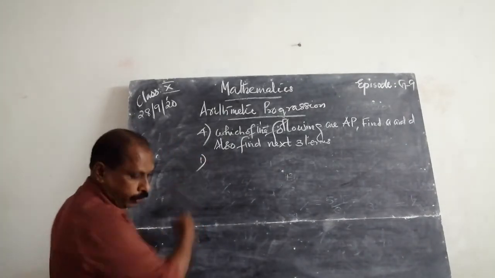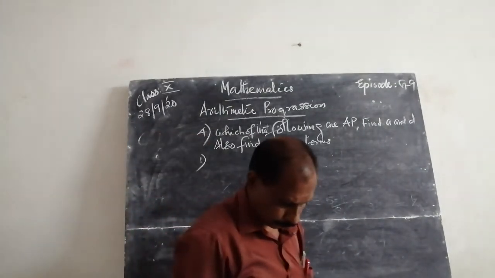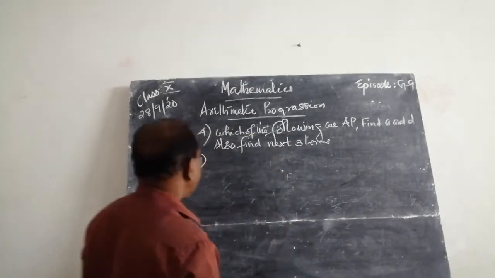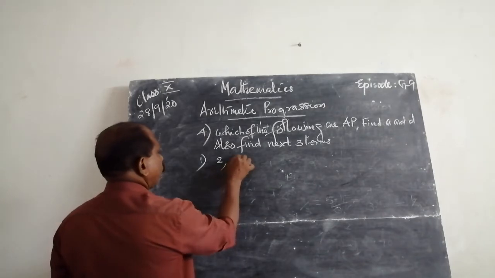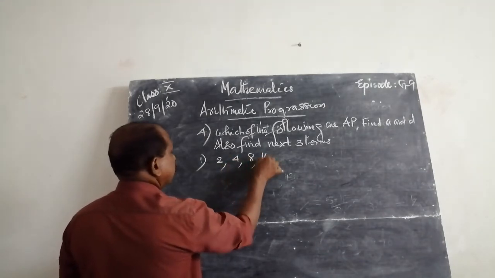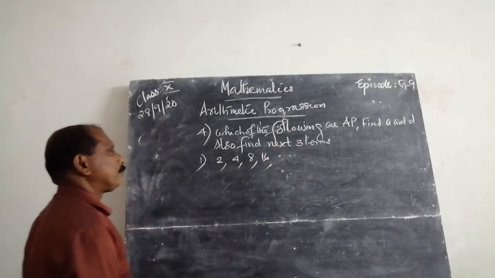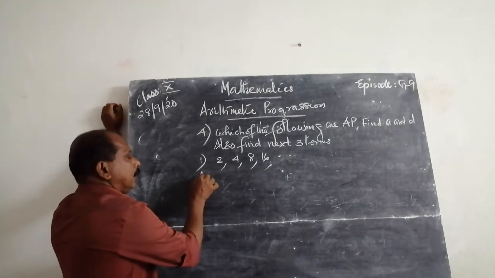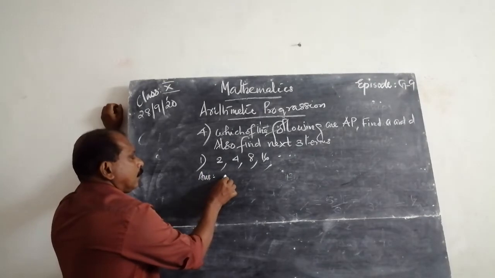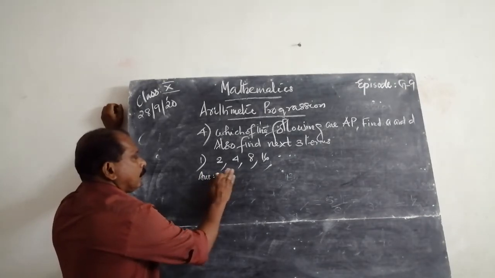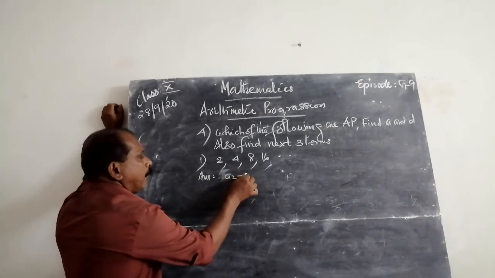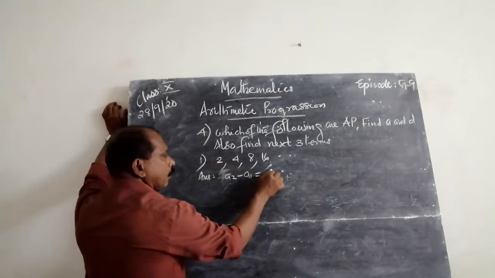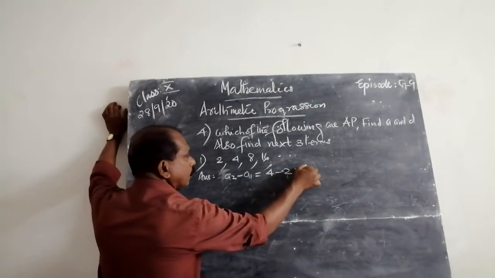Then the first question for that one is 2, 4, 8, 16, etc. Then the answer is this: A2 minus A1, that is second term minus first term. 4 minus 2 is equal to 2.